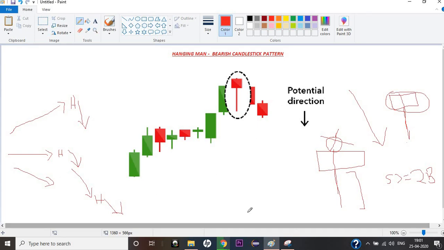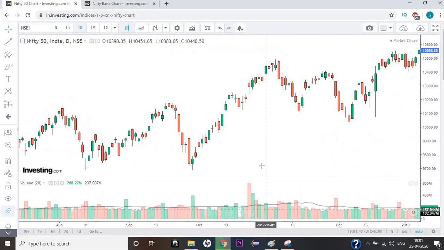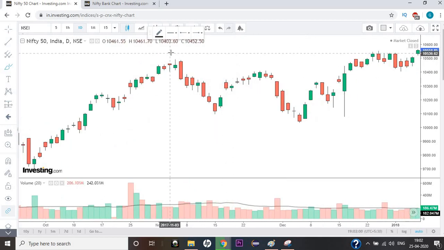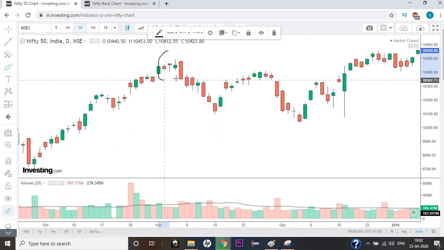Let's understand by looking at an example on a historic candlestick chart. Yeah, I see a pattern, guys. Let me zoom in. Okay, so see this, guys.